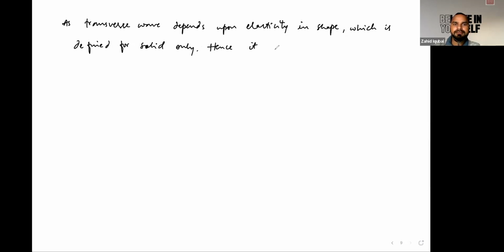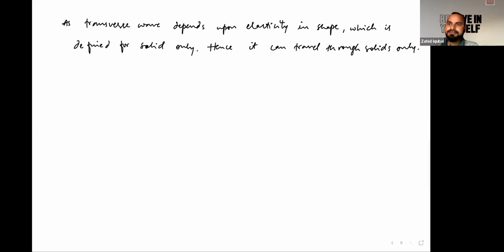Hence, it can travel through solids only. So you'll be asked why transverse wave can travel through solids only. So this will be our answer.